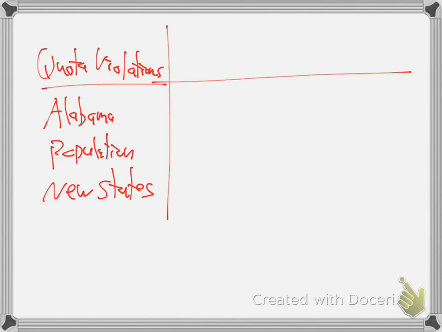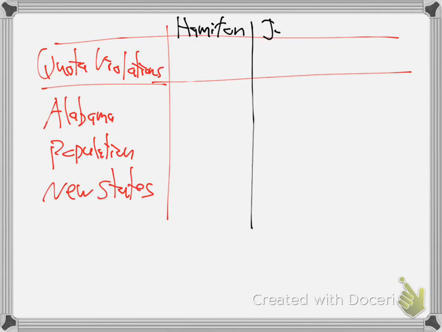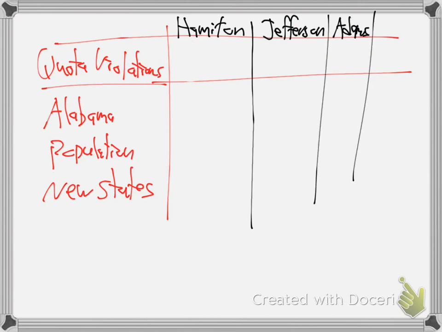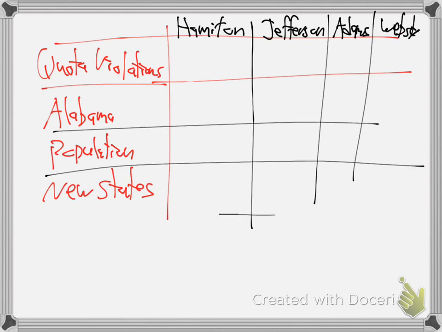Okay, and I'll do the methods across the top here. So we're going to do Hamilton, Jefferson, Adams, and Webster. Hold on, I'll give you this information and we'll be out of here.